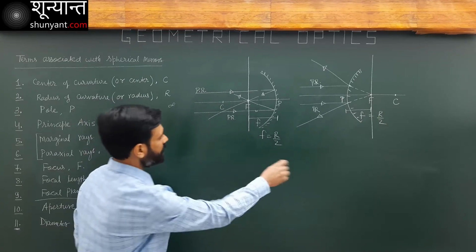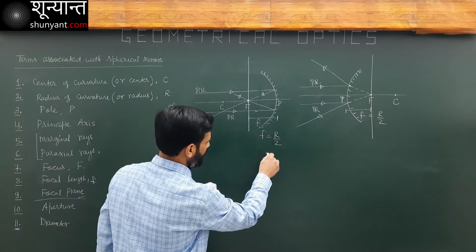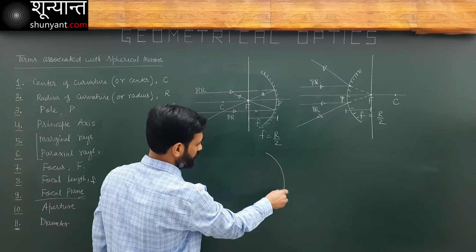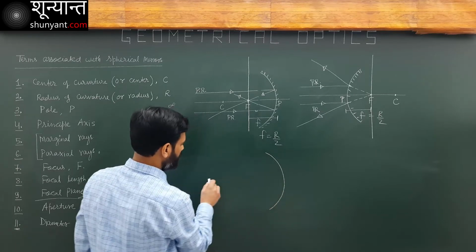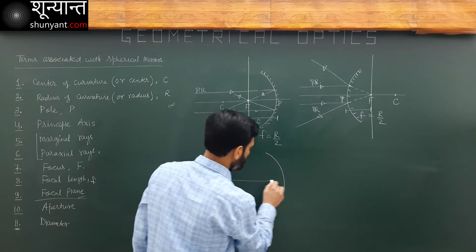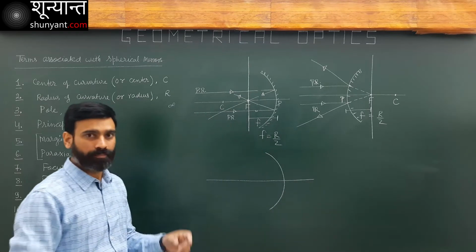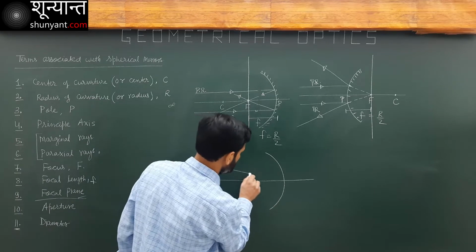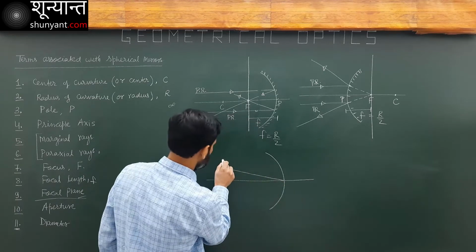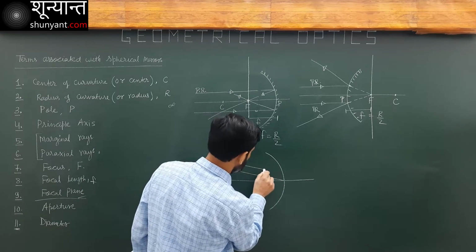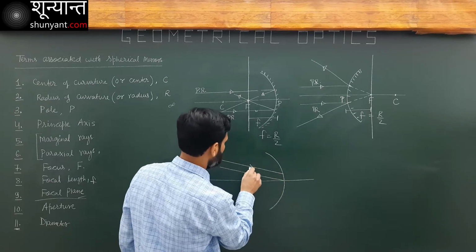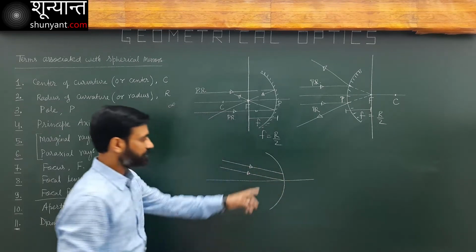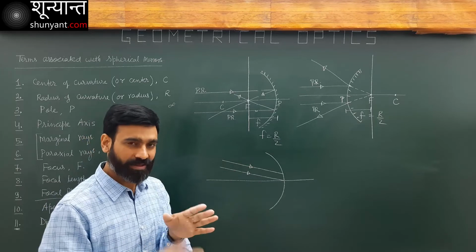Now, what will happen if I have a parallel beam of light, but it is not parallel to the principal axis? Let's say that it is incident like this. What will happen to this beam? Of course, after reflection they are not going to pass through focus.